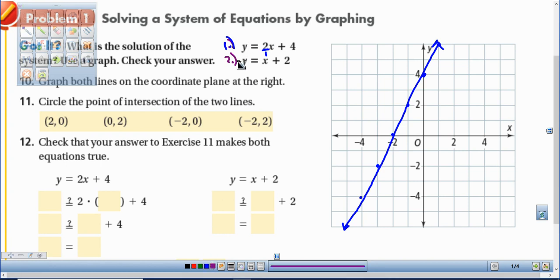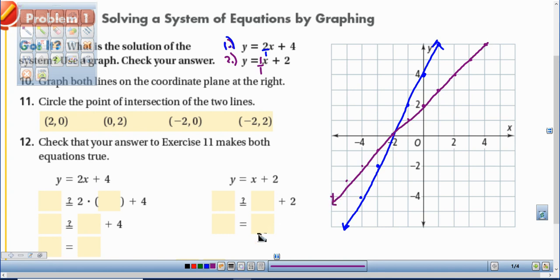Now I'm going to do the same thing for equation 2. I'm going to start at the y-intercept, and remember my slope is 1 over 1. So I'm going to go up 1 over 1, up 1 over 1, up 1 over 1. I also want to go down and back, down and back, and make sure that I continue this. That makes the best lines when you put more points on there.